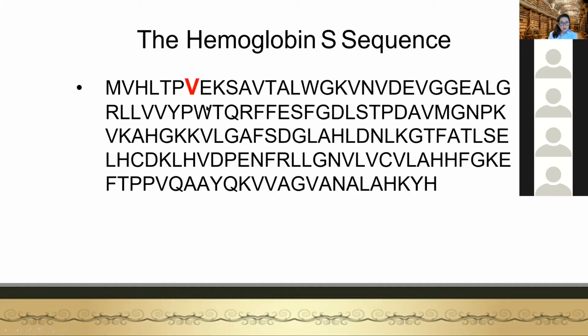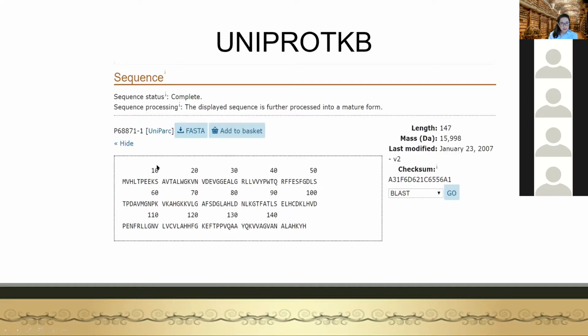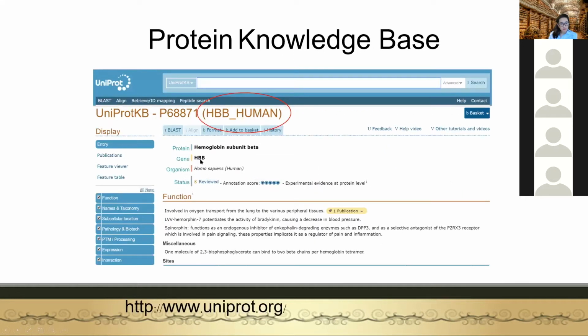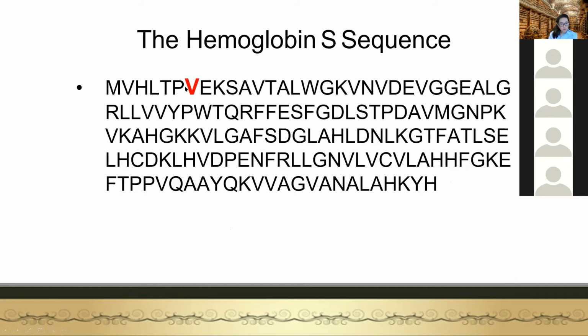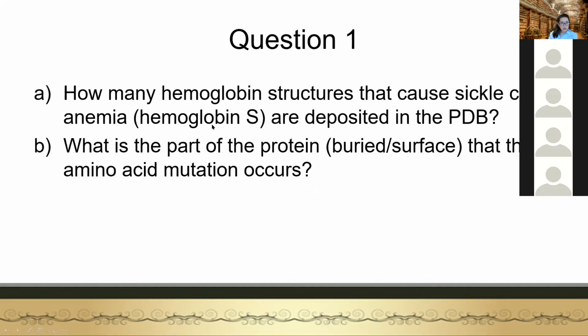And the hemoglobin sickle cell shape is the hemoglobin beta that has the first E of the peptide mutated from E to V. So if you use your keyboard, get this sequence from the FASTA and mutate from E to V, you can search how many hemoglobin structures that cause sickle cell anemia are deposited in the PDB.